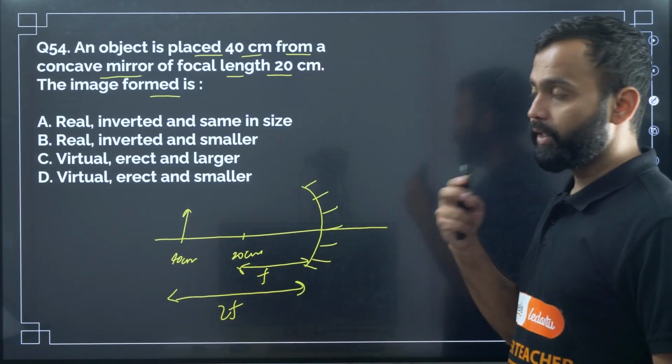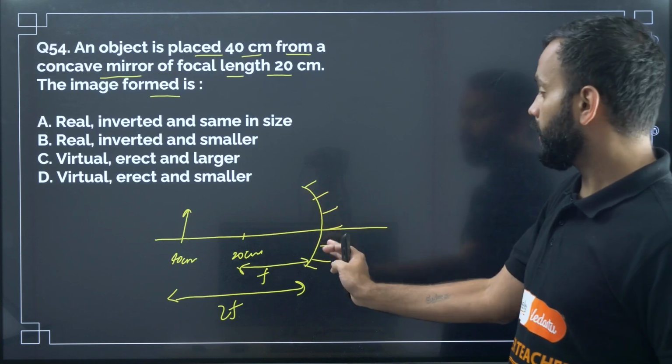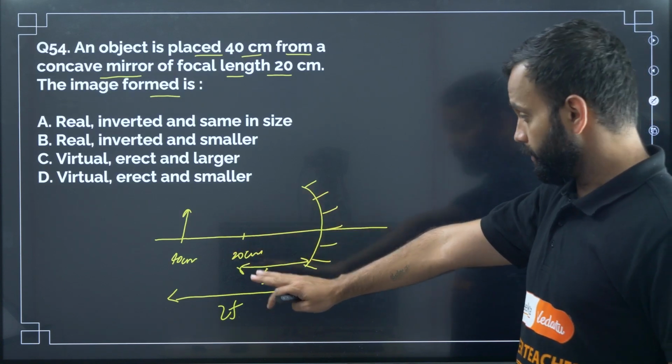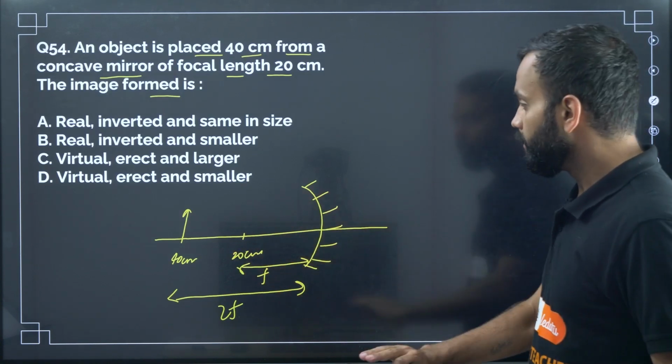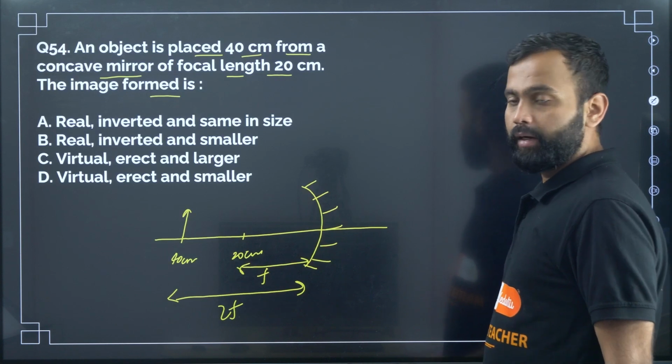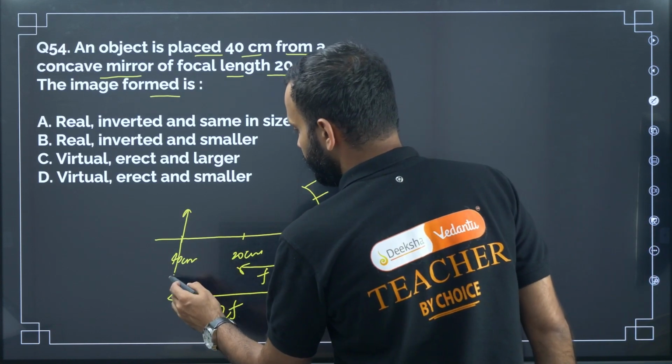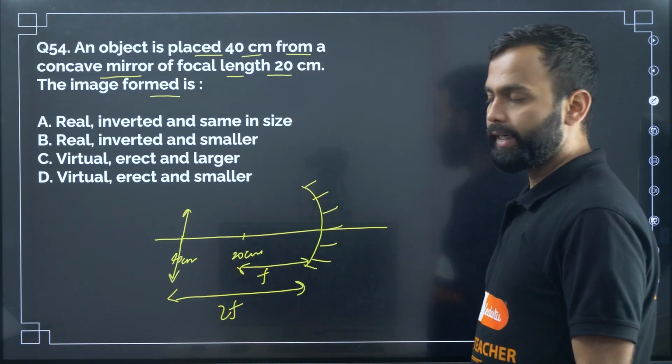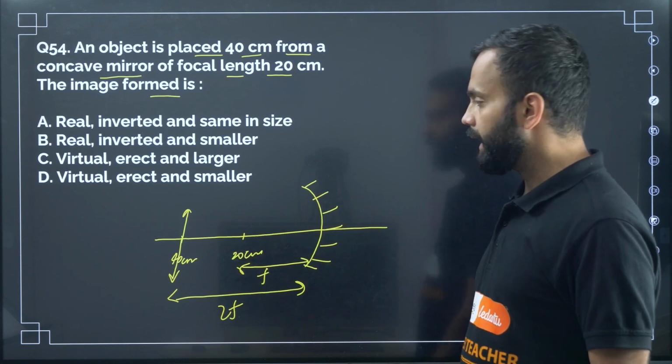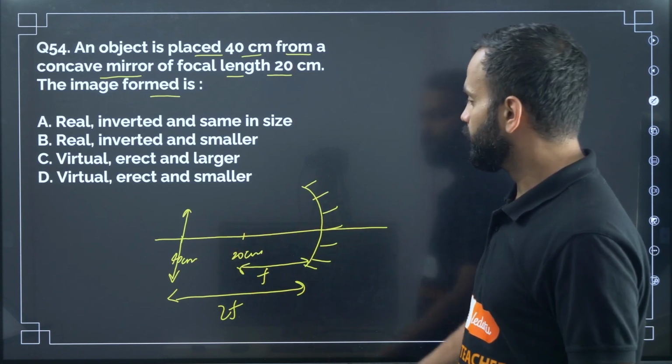If you place the object at 2F, the radius of curvature of the concave mirror, then the image will form at 2F only, and the size of the image is the same as the size of the object.